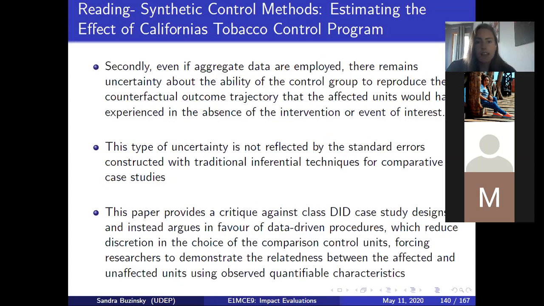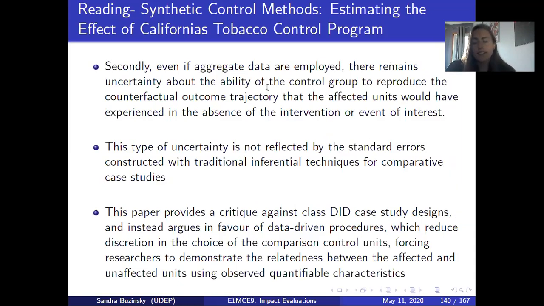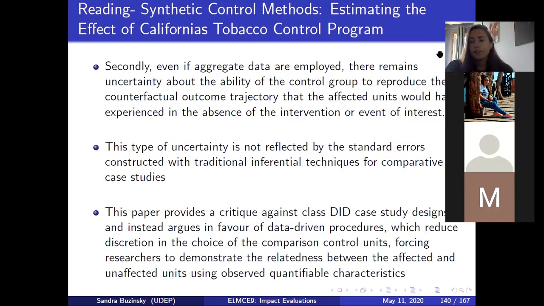Okay. Secondly, even if aggregate data is employed, there remains uncertainty about the ability of the control group to reproduce the counterfactual outcome trajectory that the affected units would have experienced in the absence of the intervention. So, I mean, that's the whole issue of causality.